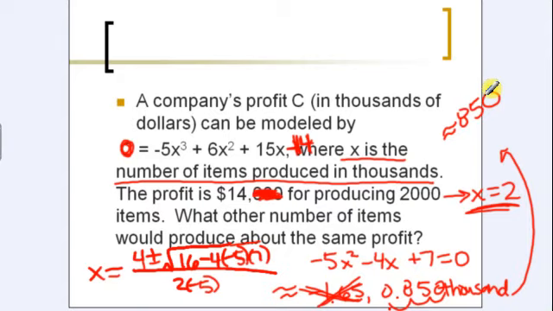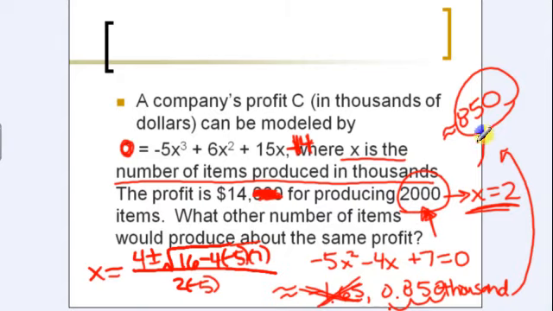Now, you might be wondering, how can that be? 2,000 units, we get a profit of $14,000, and 850 units, we get a profit of the same amount? Well, think about how production works. Think about supply and demand. The more units available, the lower the demand, which means usually you can't charge as much and you make less per item.